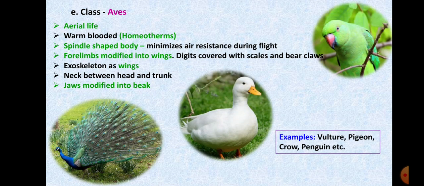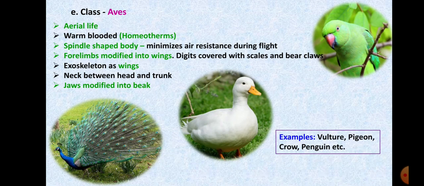Next we move to class Aves. Now we all are aware Aves means all are birds, okay, that can fly. So aerial life, you will always find them in the air. Now from here the organisms become warm-blooded.